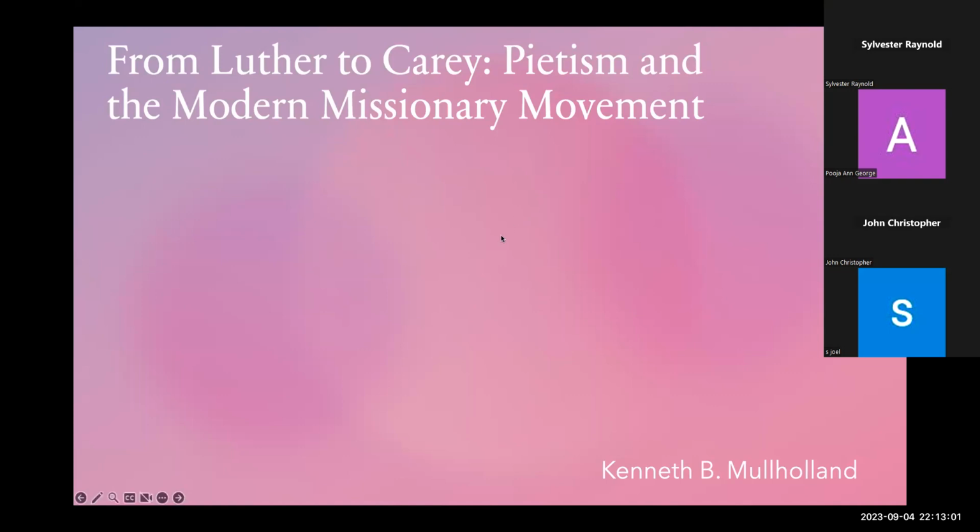And that is why Carey got to be known as the father of modern missions, whereas actually there were people in Protestantism, in Lutheranism, where Luther reformed the church through his thoughts and the activities that he conducted.